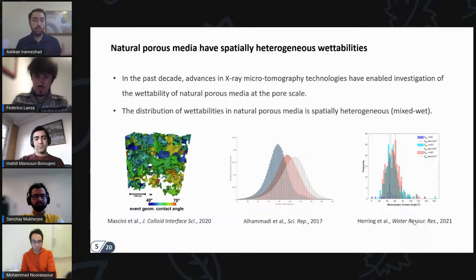These in situ wettability measurements have shown that the distribution of wettabilities in natural porous media is especially heterogeneous. In other words, natural porous media are not uniformly wet, but they contain a wide range of contact angles. In one sentence, natural porous media are actually mixed wet.